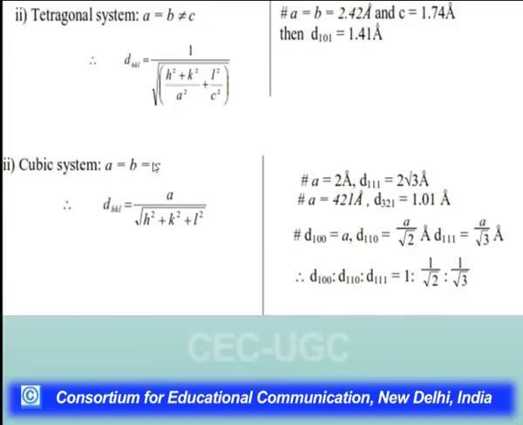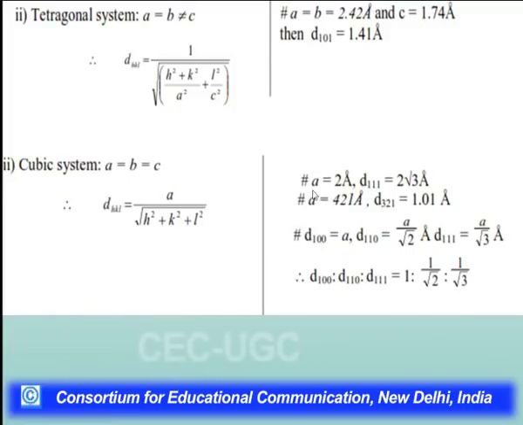For the cubic system, we define a is equal to b is equal to c. Then, as a, b, c are equal, we can put the value here and it will become a square. Now a square can be taken to the upper side, and finally the cubic system has the interplanar spacing equal to a divided by root of h square plus k square plus l square.